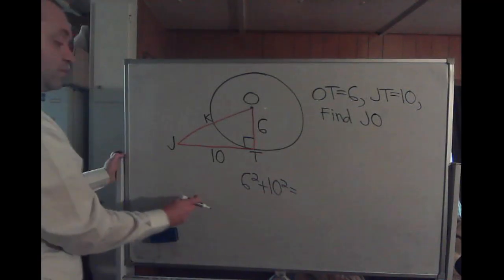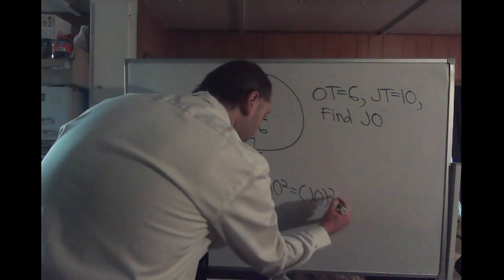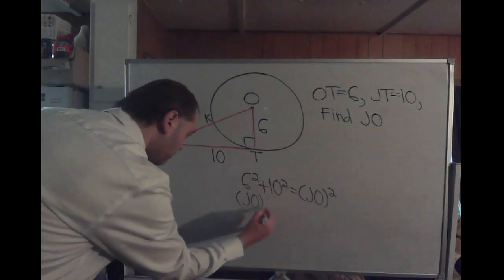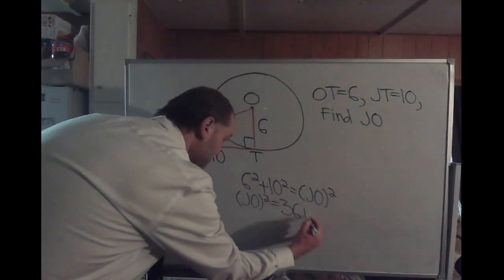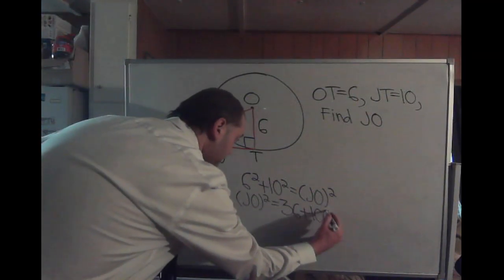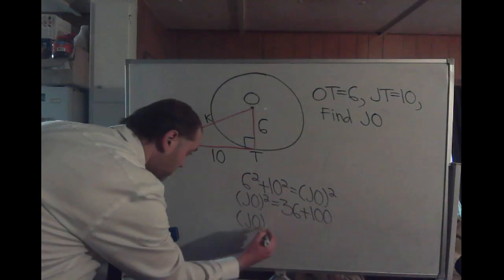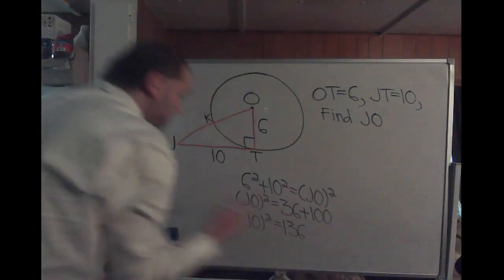That's going to be equal to the length of JO squared, which would then give you that JO squared is equal to 36 plus 100, which would then give you that JO squared equals 136.